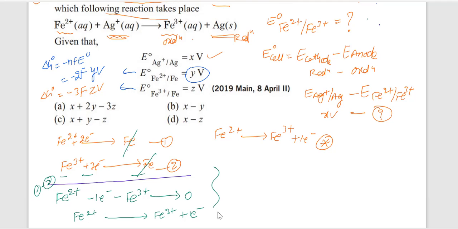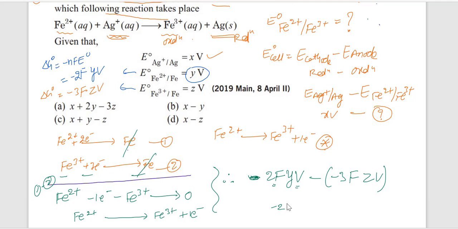So for that, what we had to do, equation 1 minus 2. Therefore, what was the value of equation 1? Minus 2F y volt minus 3F z volt. Okay, this is the value of this equation. Now the farad we can take common, and volt also we can take common.